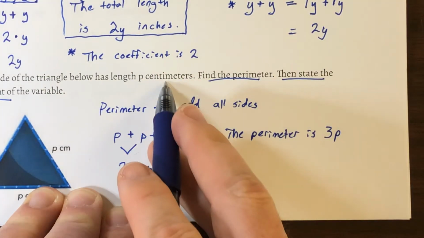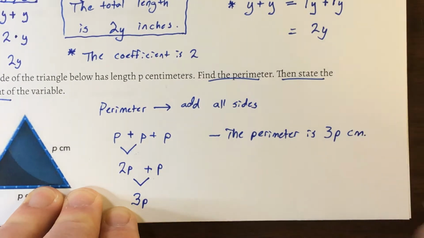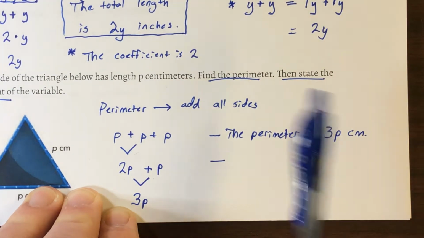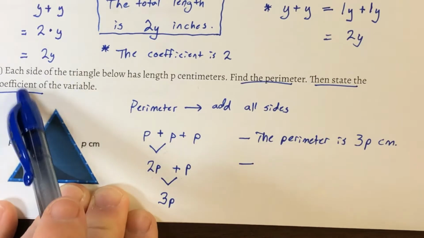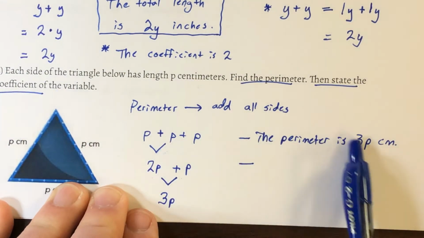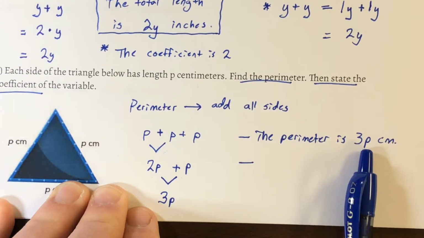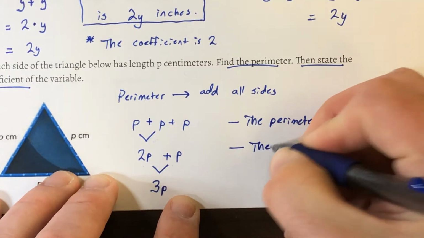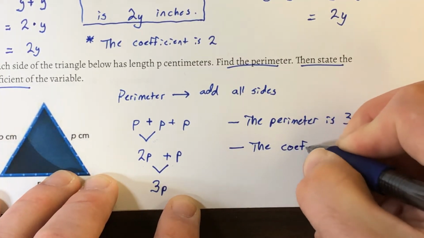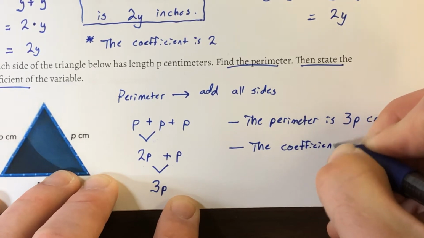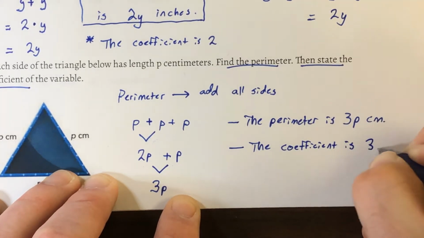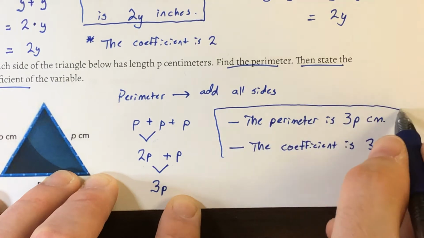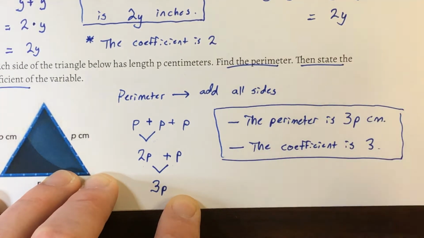Our label is centimeters. Second answer, because it said then state the coefficient. We want the coefficient of our answer. Well, the number in front of the variable is 3. So we're going to say the coefficient is 3. So that's both of our answers.